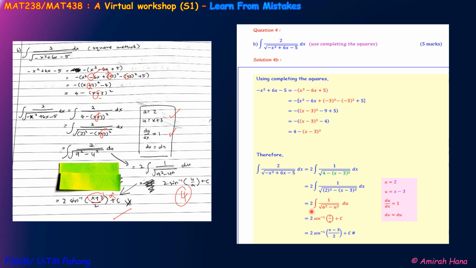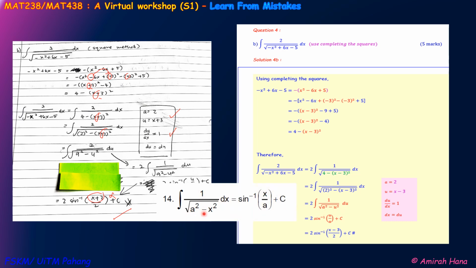We still have constant 2. And then integration of 1 over square root of a squared minus x minus 3 squared. A kita ganti dengan 2, x minus 3 kita ganti dengan u. Dx kita adalah du. Okay, sampai sini to integrate 1 over square root of a squared minus u squared du, kita boleh refer daripada appendix.